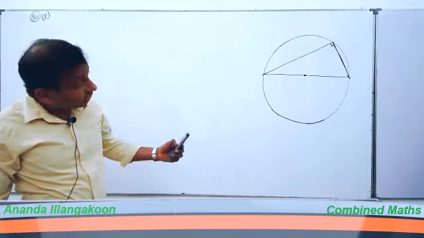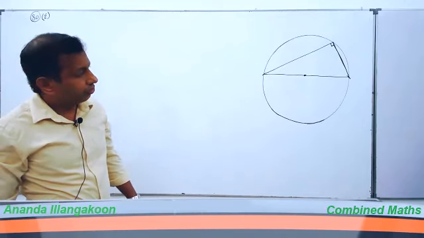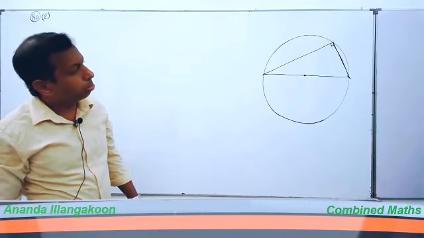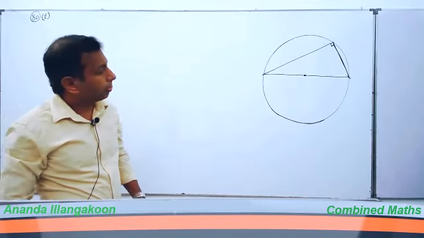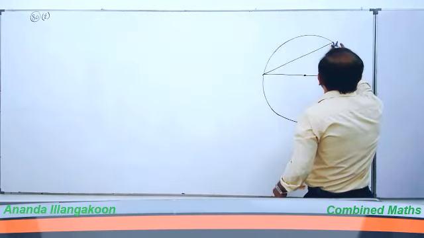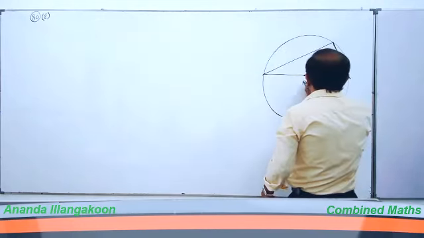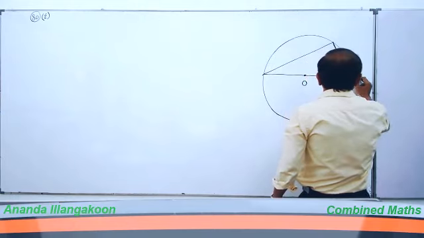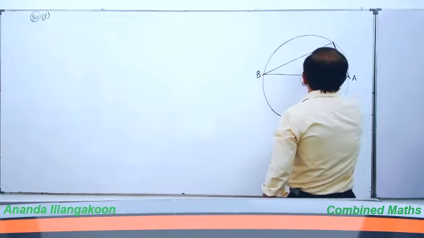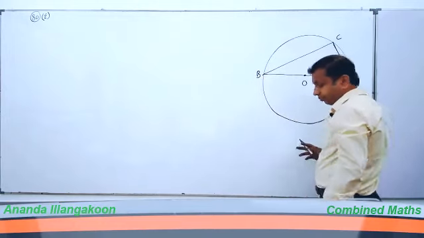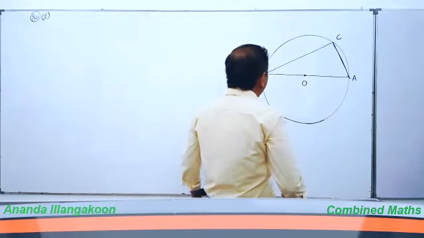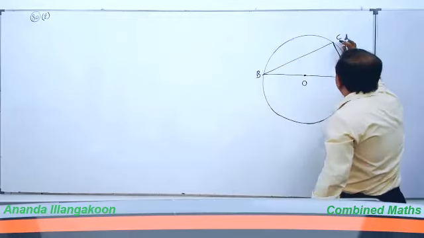Okay, this is the one we have to prove, right? Even I'm going to put it like this. I take this point as O. This is A. This is B. This is C. Then I need to prove this angle is 90.